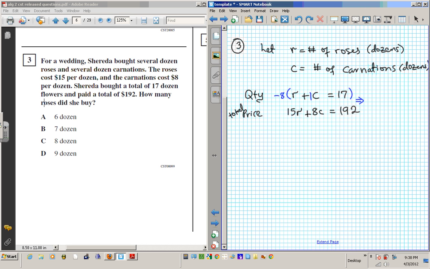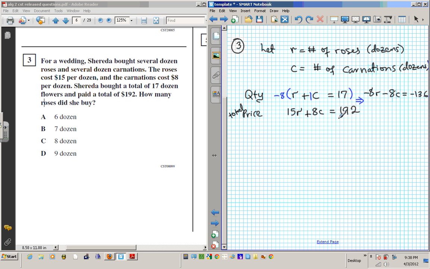So that gives me the equation 8R plus 8C equals 17. Oh snap, I messed up. Let's do that again. I forgot to distribute a minus. So negative 8R minus 8C equals negative 136.